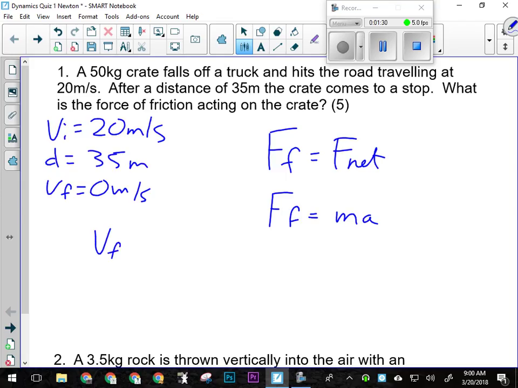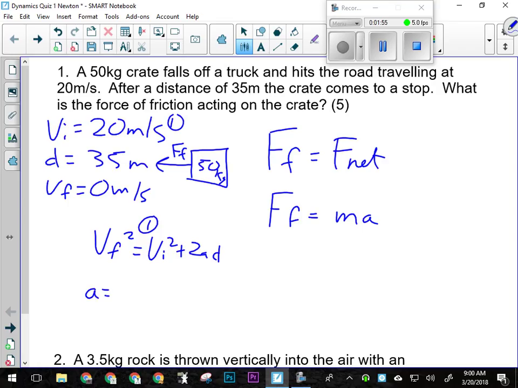I can use this formula here: Vf squared equals Vi squared plus 2AD. So what I'd be looking for in terms of givens here would be either this or this or both. 1 mark for givens. 1 mark for realizing this is the acceleration formula that was going to have to be used.